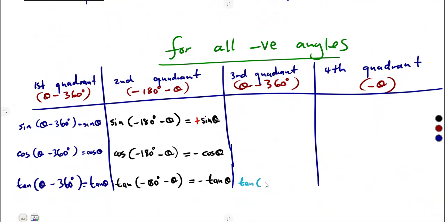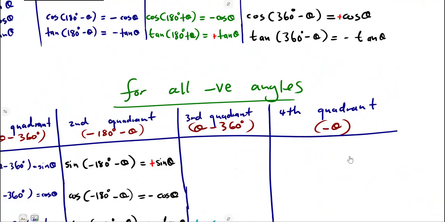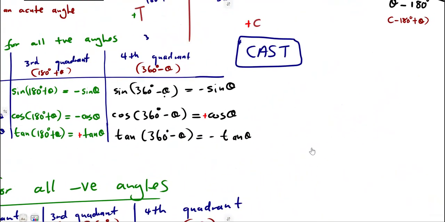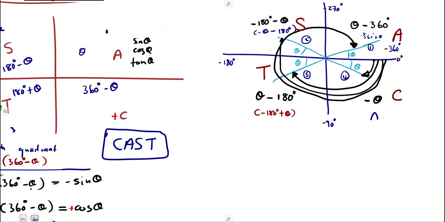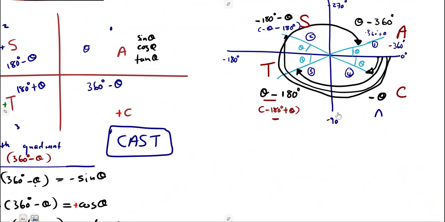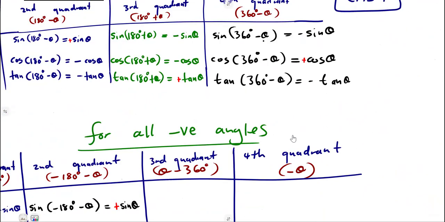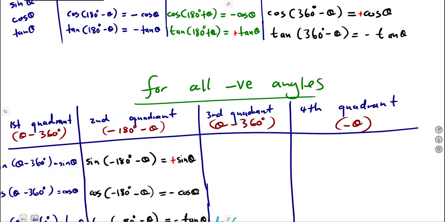So the tan of theta, the third quadrant, guys, why did it appear as theta minus 360? It was maybe an error of writing there, because I remember vividly talking about this as theta minus 180.